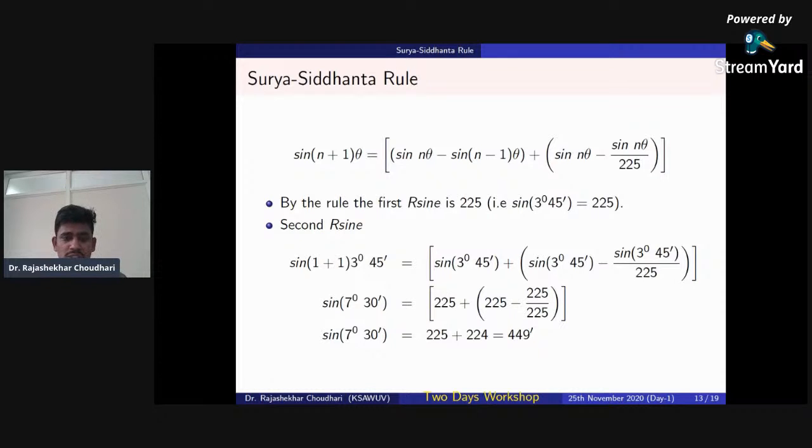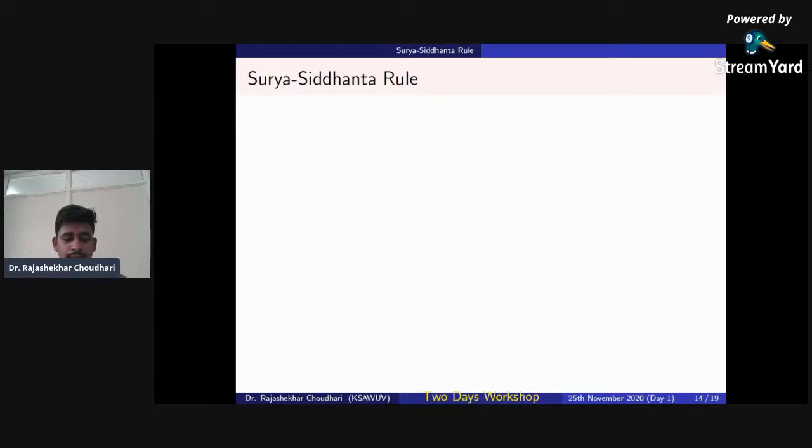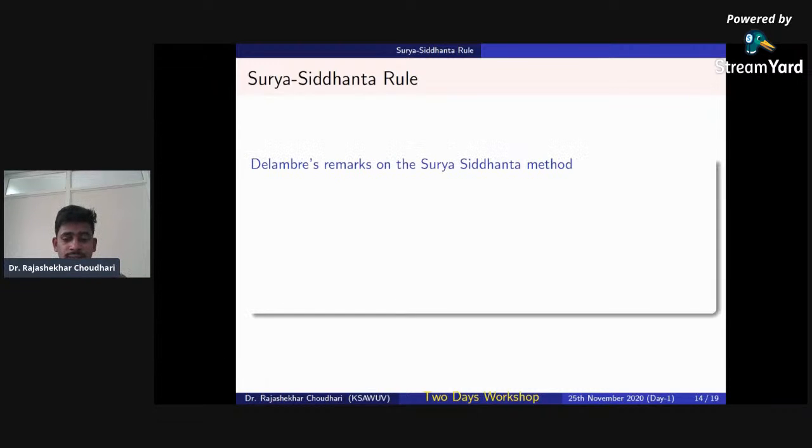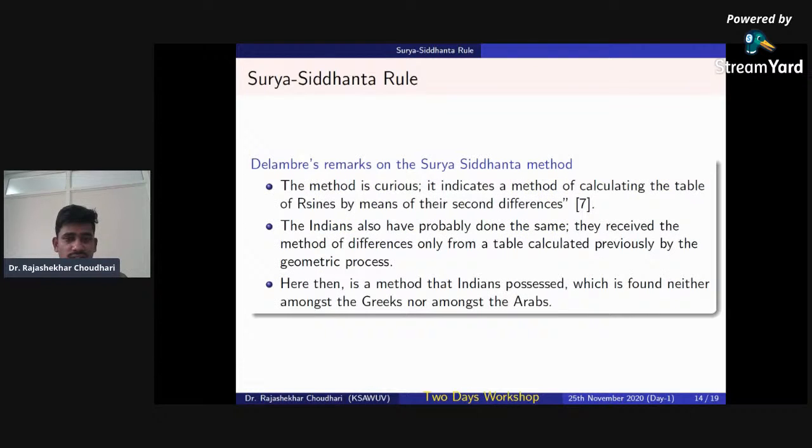So this is about the Surya Siddhanta rule. Next we have the remarks made by D.L. Burns on the Surya Siddhanta method, wherein he says the method is curious and it indicates a method of calculating the table of R sine by means of their second differences.